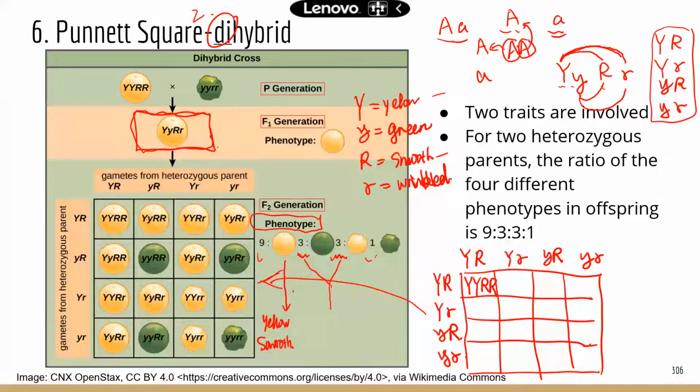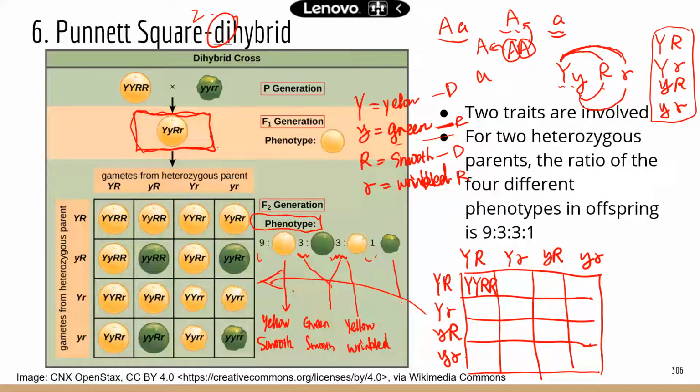So this 3 is green, which is recessive, and the other trait is going to be dominant, which is smooth. And same thing for this group: the color is going to be dominant, which is yellow, but the texture is going to be recessive, which is wrinkled.